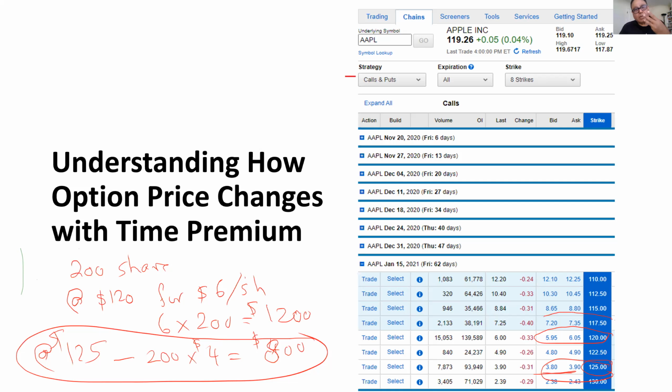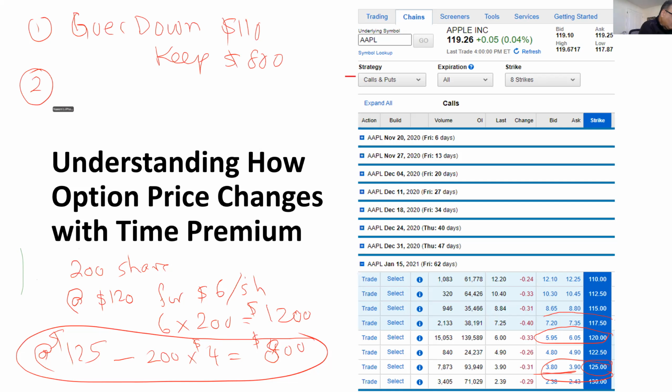Three things can happen. The stock can go down from 120, stay between 120 and 125, or go to 140 or 150. In the first case, if the stock goes down, you still own the shares, even if the stock went to $100 or $110, and you keep the $800 rent you collected. Second scenario, the stock stays between 120 and 125: you keep the rent.